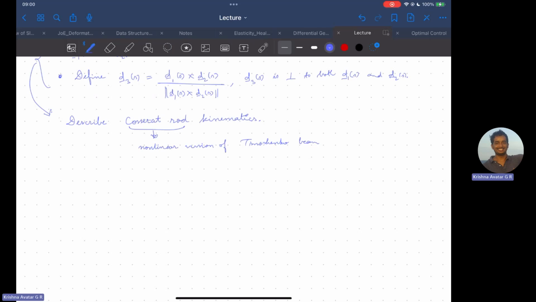Now let's make some constraints. We would very much like to study the Kirchhoff rod.